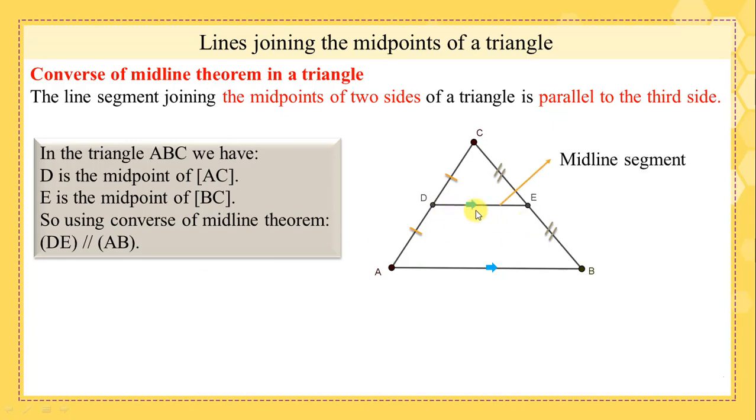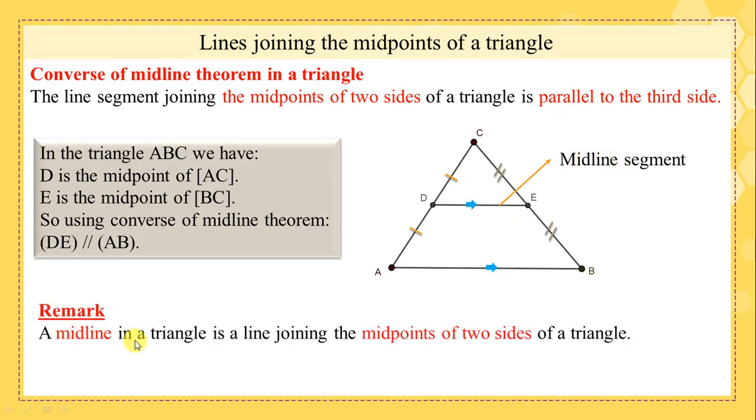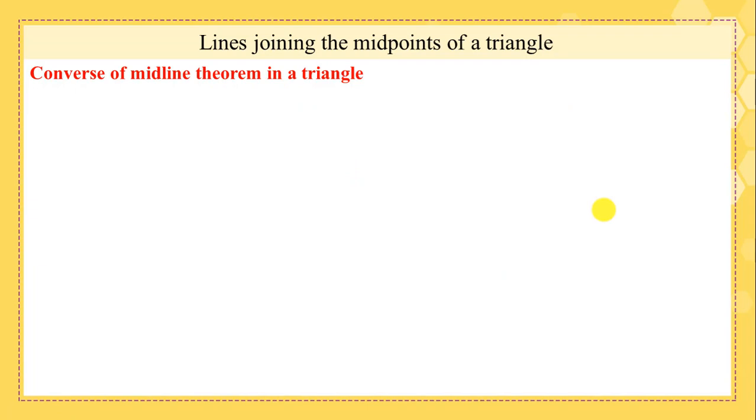This segment DE is called midline segment. Remark, a midline in a triangle is a line joining the midpoints of two sides of a triangle. This line is always parallel to the third side by converse of midline theorem.